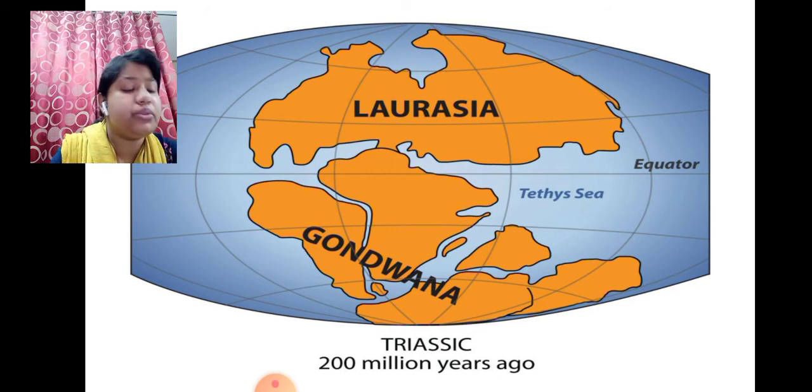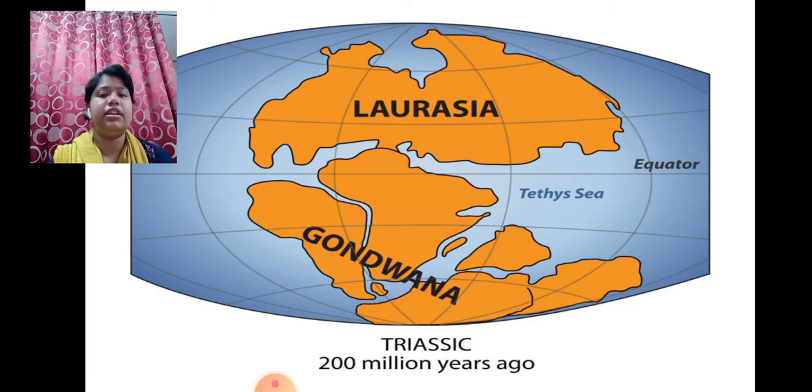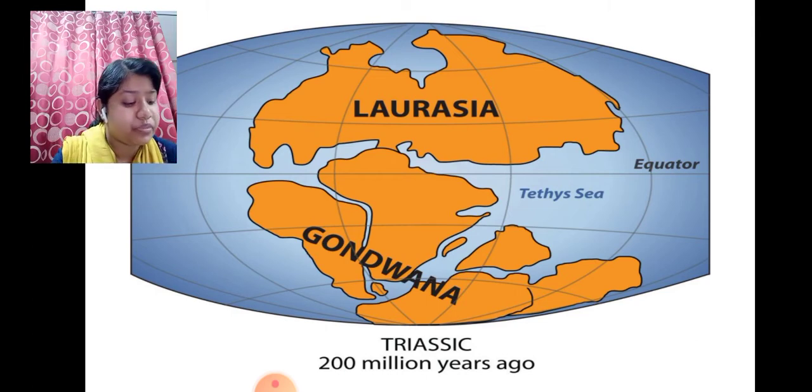Due to internal changes in the earth, the Indian plate started moving away from Australia and towards the European plate. Earlier India was near Australia, but due to some internal changes, the Indian plate started moving towards the European plate. When the Indian plate collided with the European plate, the northernmost part of India got folded.